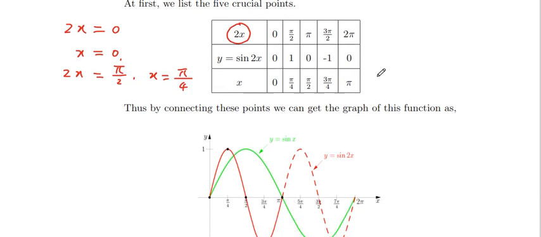Based on this, there are 5 points. When x equals 0, y equals 0. When x is pi over 4, y equals 1.